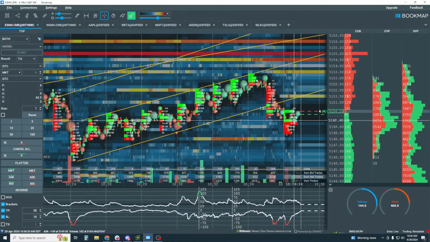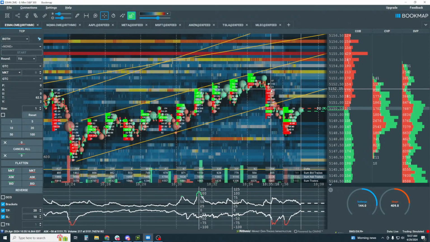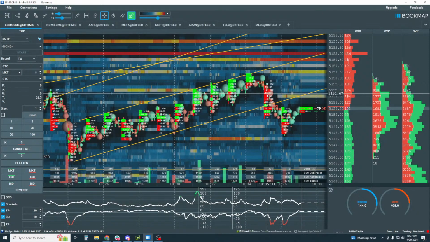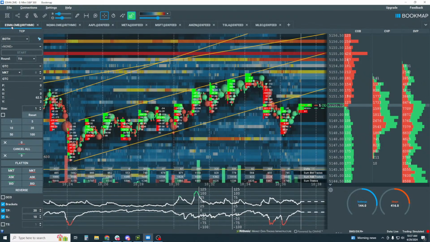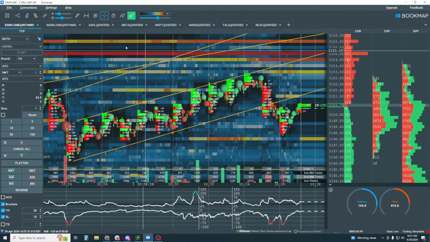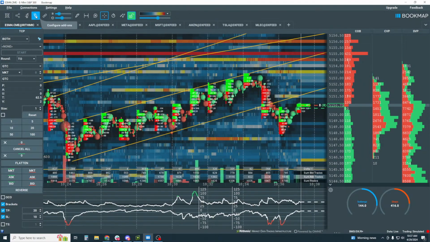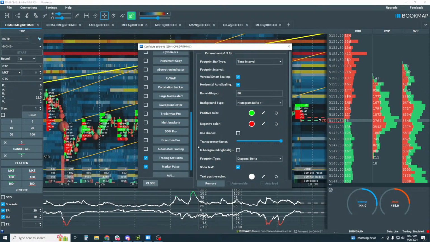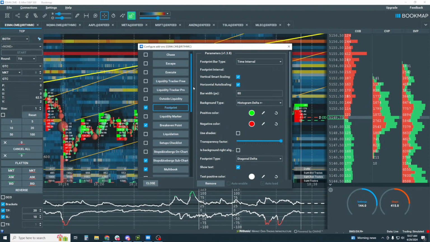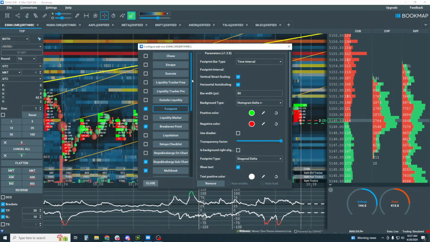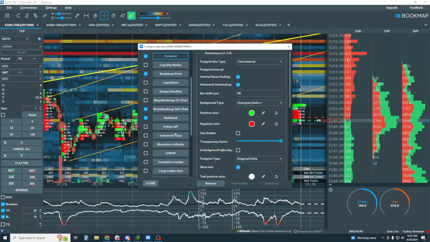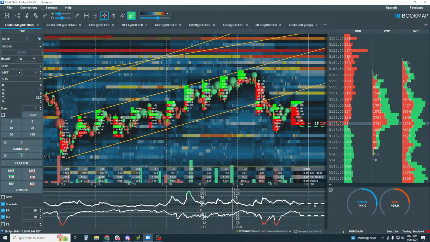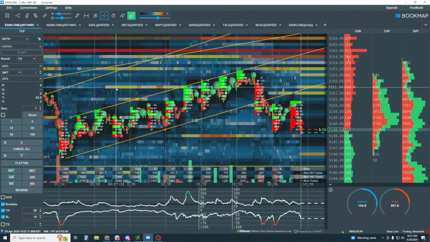So anyway, let's take a look at the footprint chart in here. And now there's something I want to do in here, Eduardo, that I think you'll appreciate. Right now I'm looking at the ES here, and what I'm going to do is go to configure add-ons in here, and I'm going to open up the add-on called instrument copy. All right, understood. It won't show stops and icebergs. That's fine.